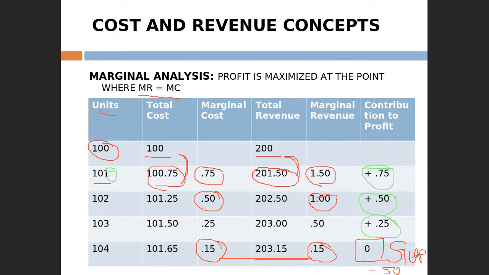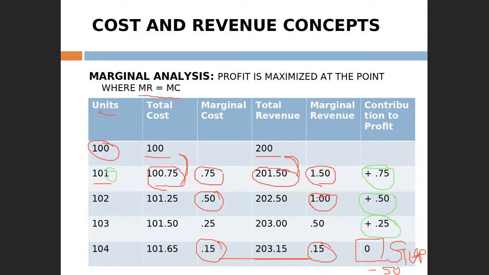So let's move forward. You are confused. Why are you confused, Dare? The total revenue for the second row. From the first row, you said the total revenue for 100 units was 200.